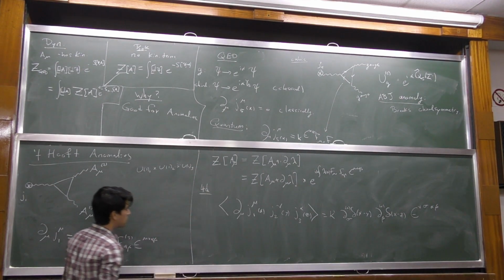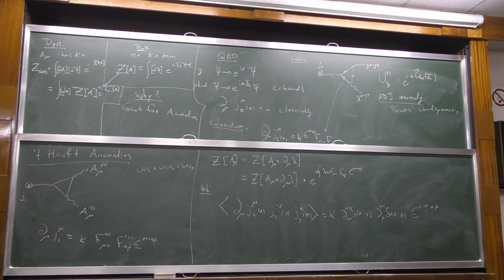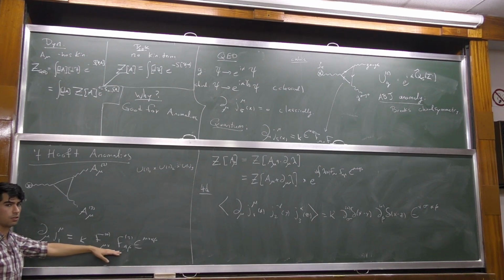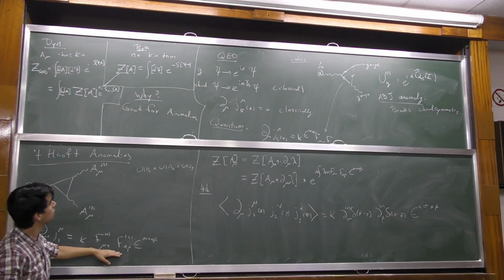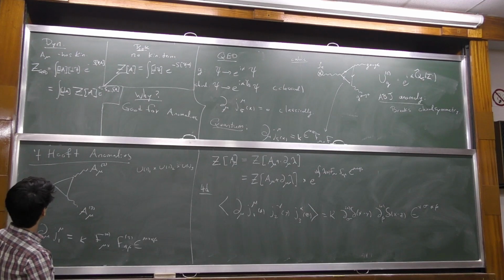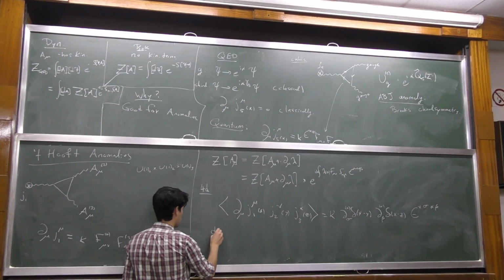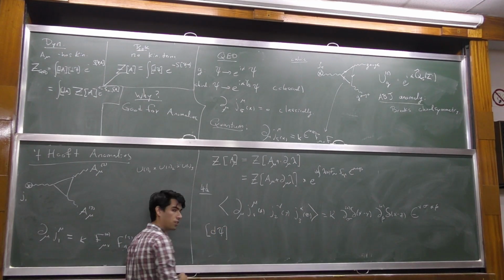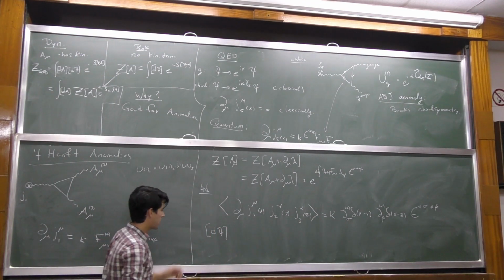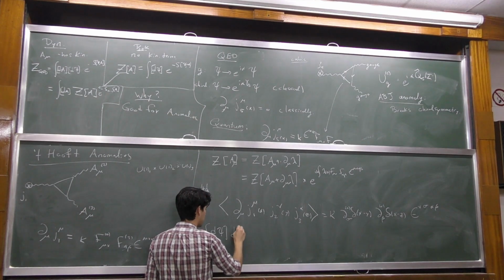There's a more interesting way to compute this, in that if you turn on these background gauge fields, what you'll find is that the fermion measure has what are called zero modes. So usually when you write your functional integral d psi, I actually mean d psi times d psi bar.